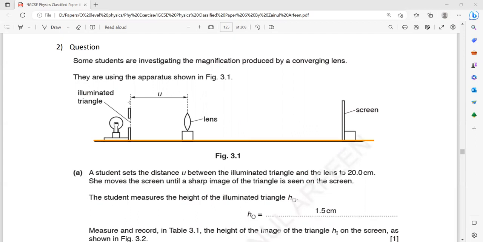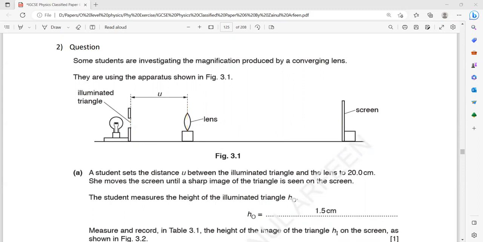You can see the illuminated object is 90 degrees, the lens is 90 degrees, and the screen is also 90 degrees. Otherwise, if it is slightly inclined, the image may not form on the screen, or it might form a blur image or not a focused image. The main purpose of this is to obtain a sharp image on the screen. They all should be perpendicular.